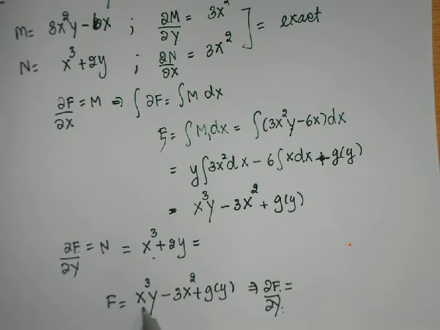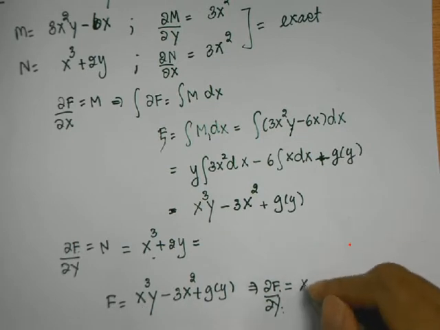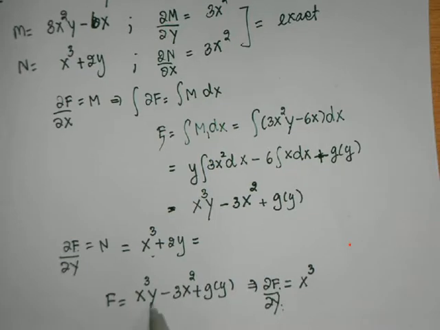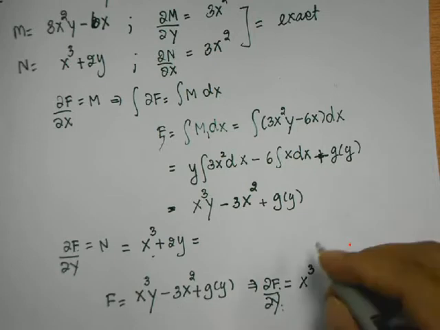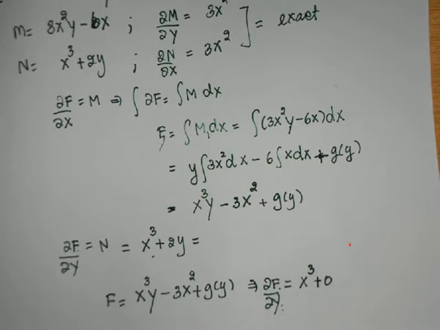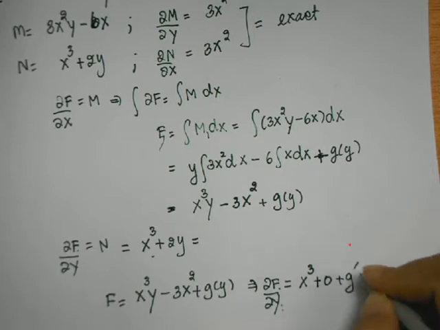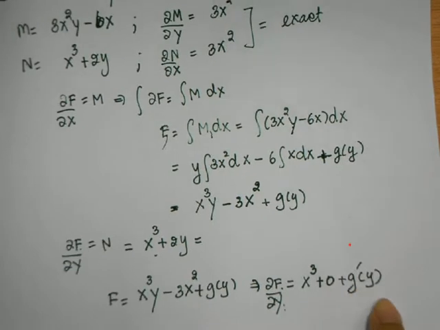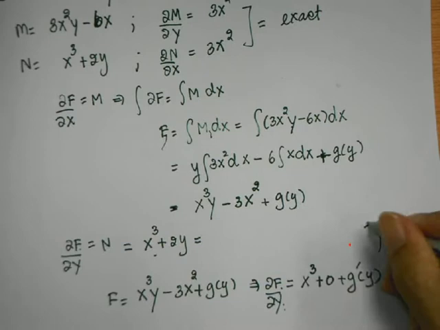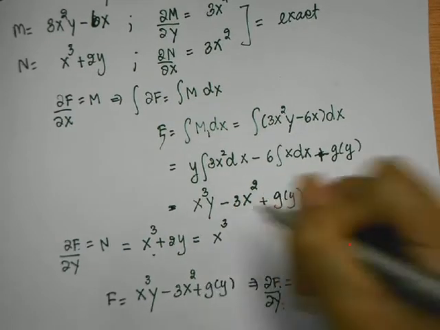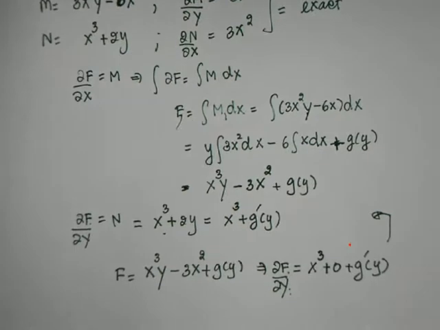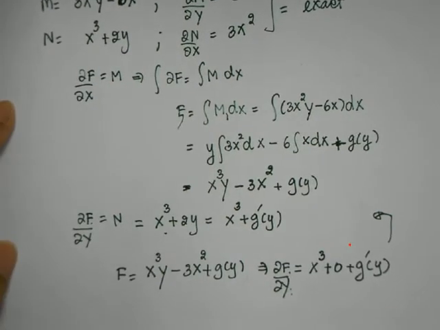What do you get? x to the power 3, right? You differentiate this one by y. The second term you get 0. And then plus g'(y), the derivative of g with respect to y. Then I plug this back in here.